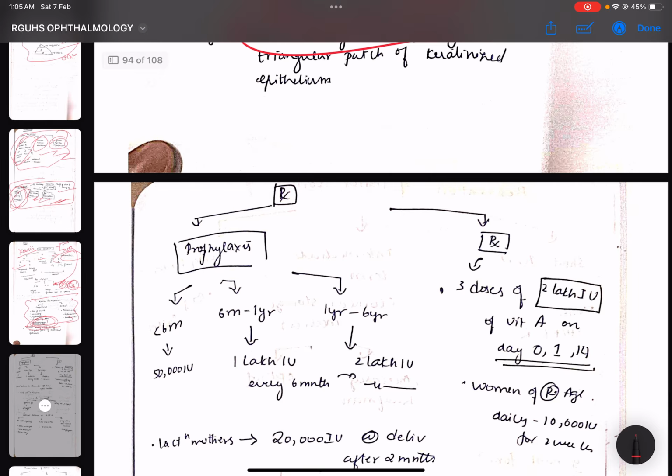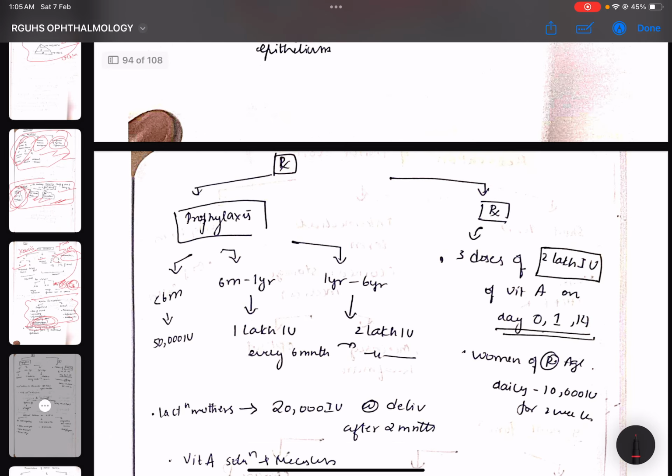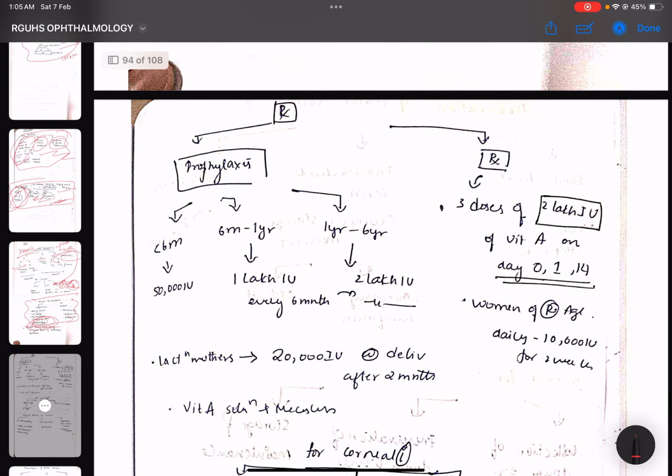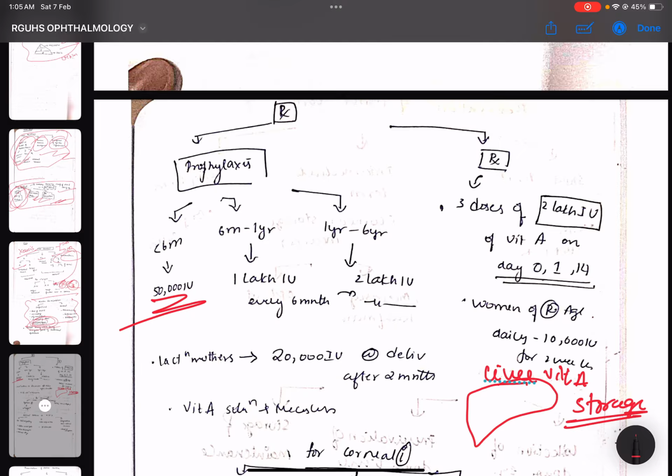Treatment. I will just explain you the concept. Your liver has vitamin A storage. While giving prophylaxis in a child under 6 months, the liver can store only 50,000 international units, but from 6 months to 1 year the capacity increases to 1 lakh international units.